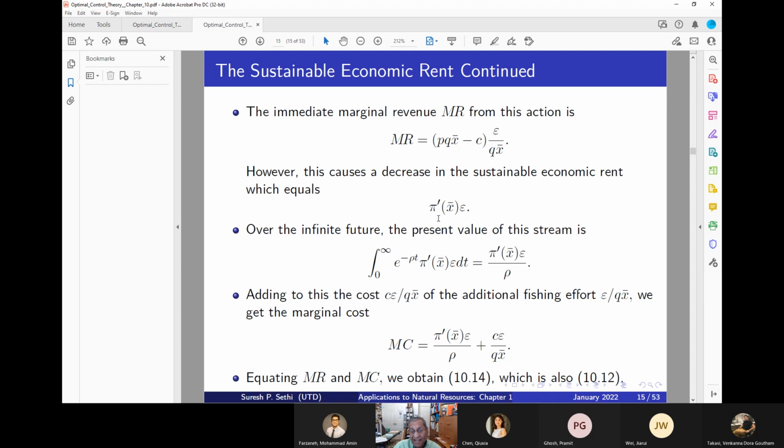And that is the rate of sustainable economic rent. So I have to integrate that from 0 to infinity, discounted. And so my total loss of taking epsilon amount of fish out and keeping the new biomass all the way to infinity will give me that value there.